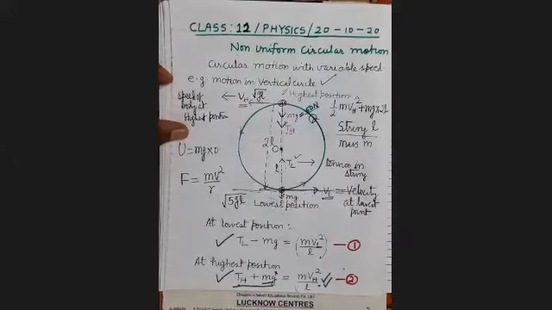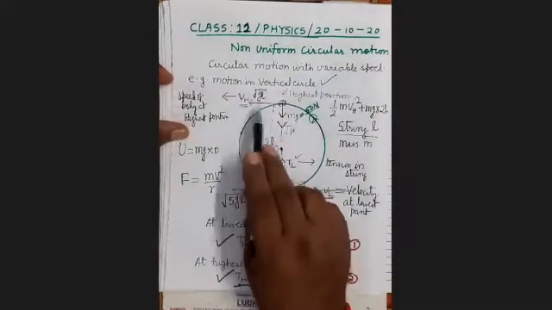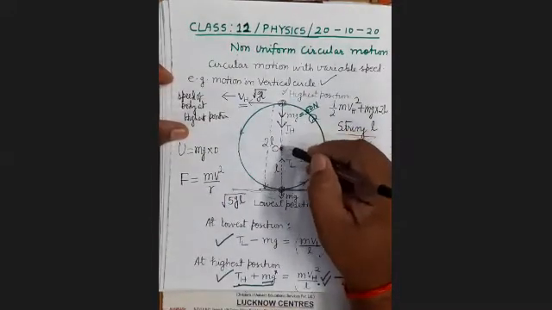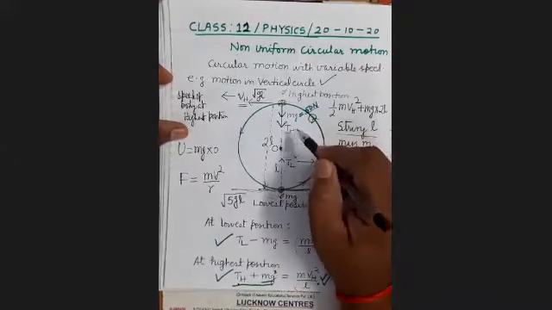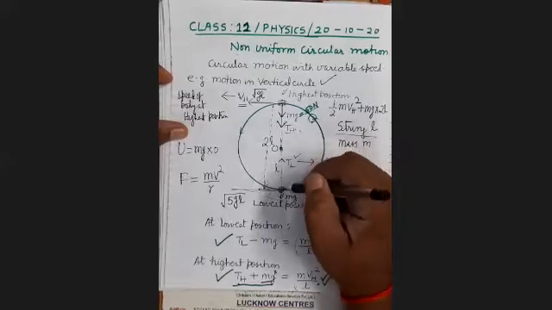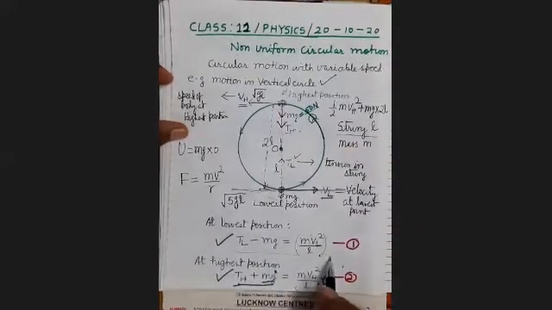Now, what will be the tension in the string under this condition? When the body is having root 5GL speed here or root GL speed here, what is the tension in the string at the highest point? It is 0. What will be the tension in the string at the lowest point? That we can find from this relation.